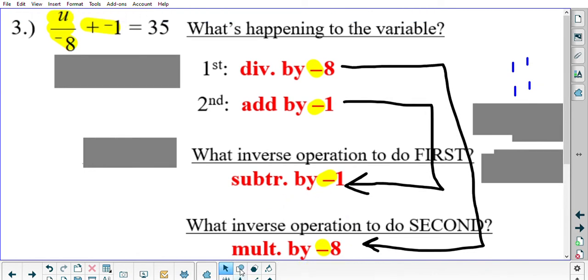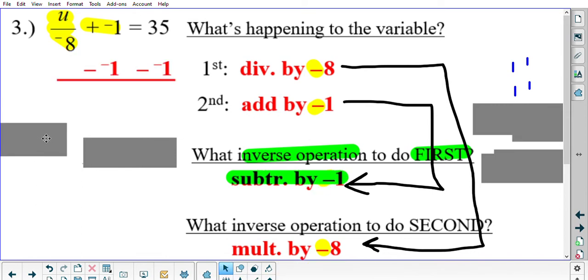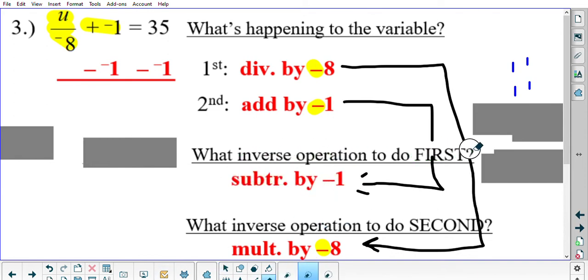Okay, we said the first inverse operation was to subtract by negative 1. So let's write that underneath on both sides. Now I need to make sure that you are not missing the details here. Notice I said subtract, and then I said by negative.